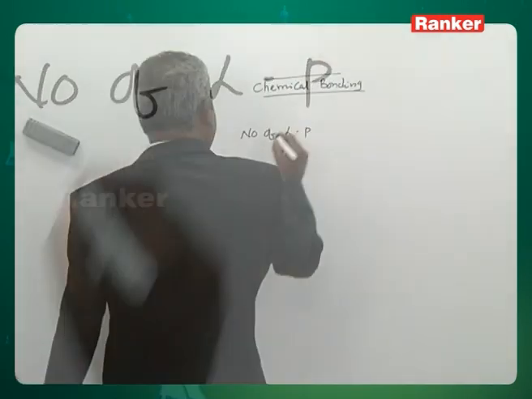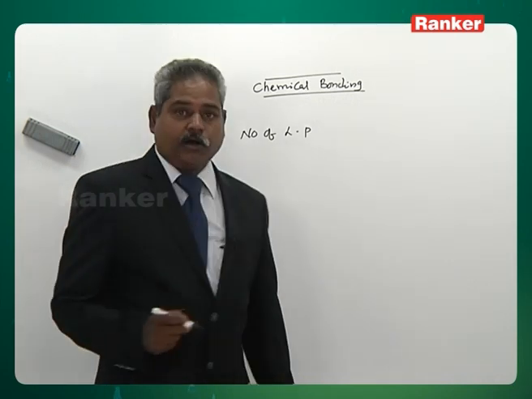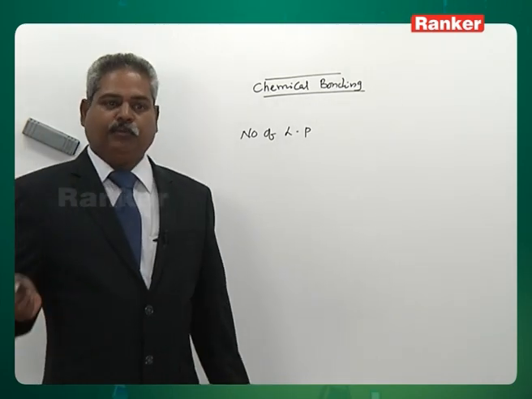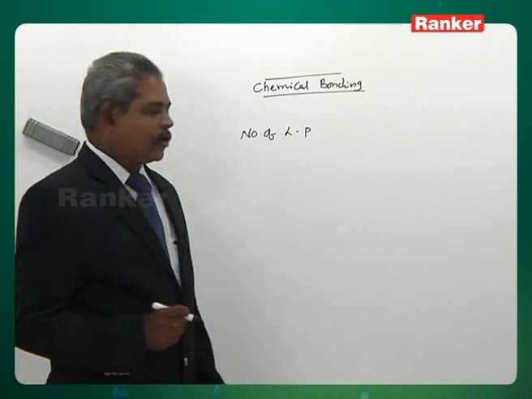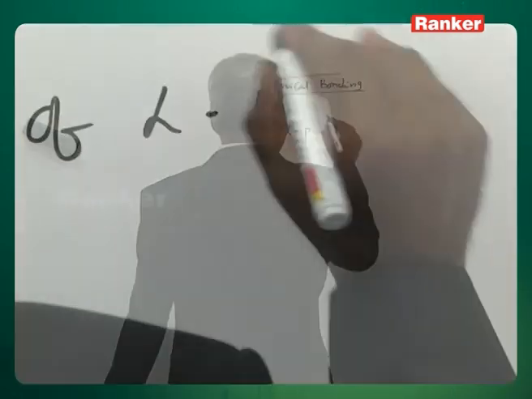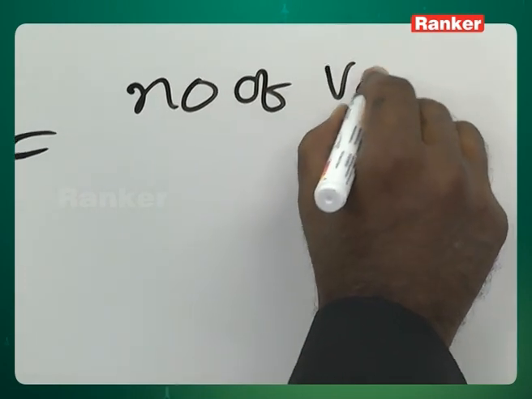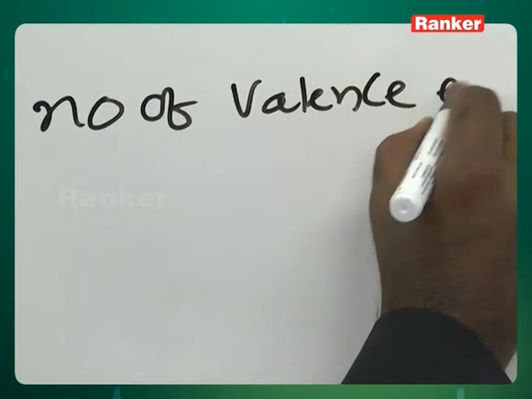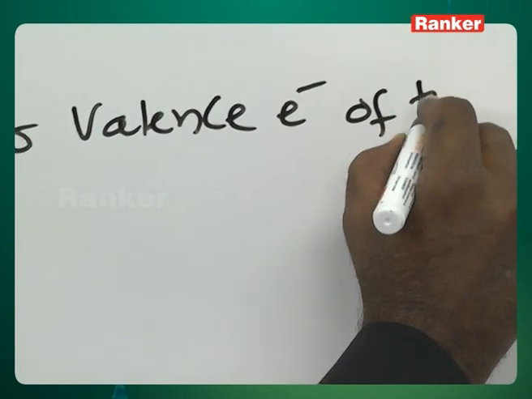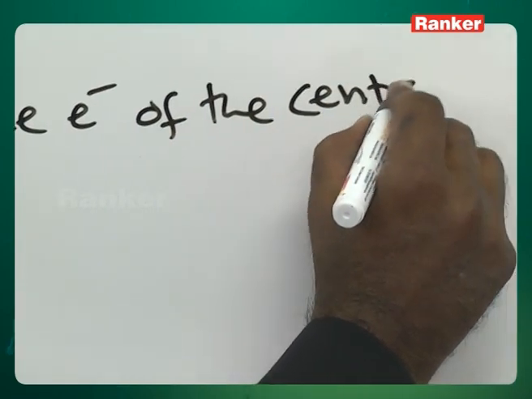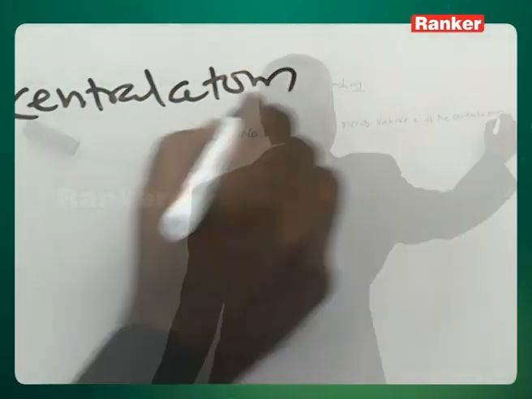How to find? What do you mean by number of lone pairs? Number of unused electrons in bonding. How many electrons are not being used? Look here. Number of valence electrons of the central atom. Of course, we are always interested in the central atom only.